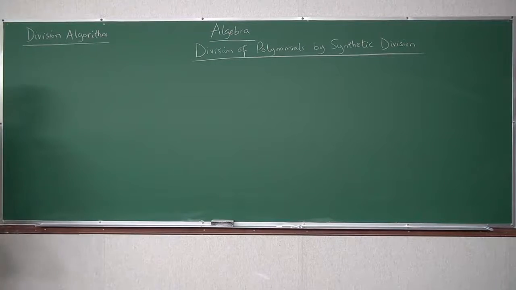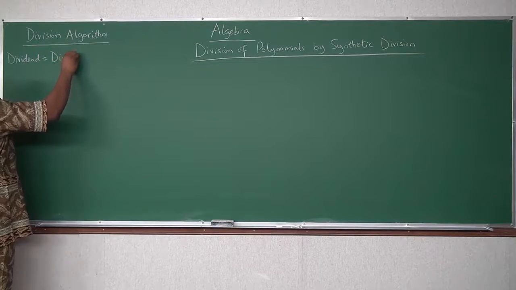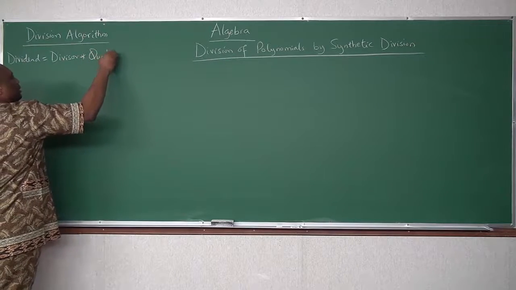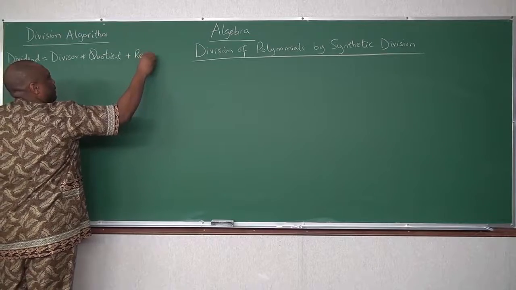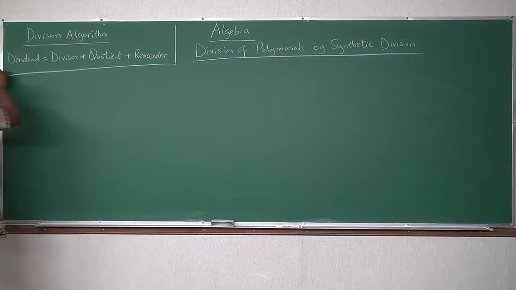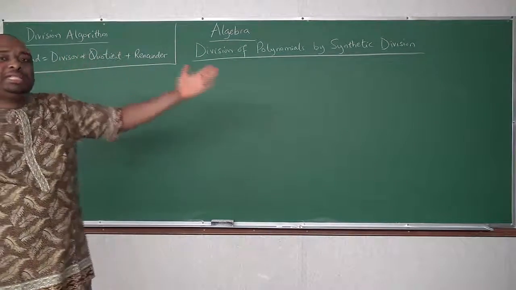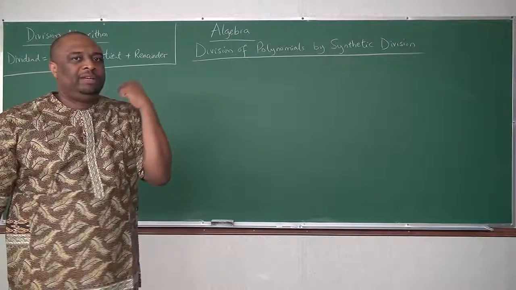And the division algorithm states that dividend is equal to divisor times quotient plus remainder. So we have explained all these terms, and we checked our work in that video with the division algorithm.